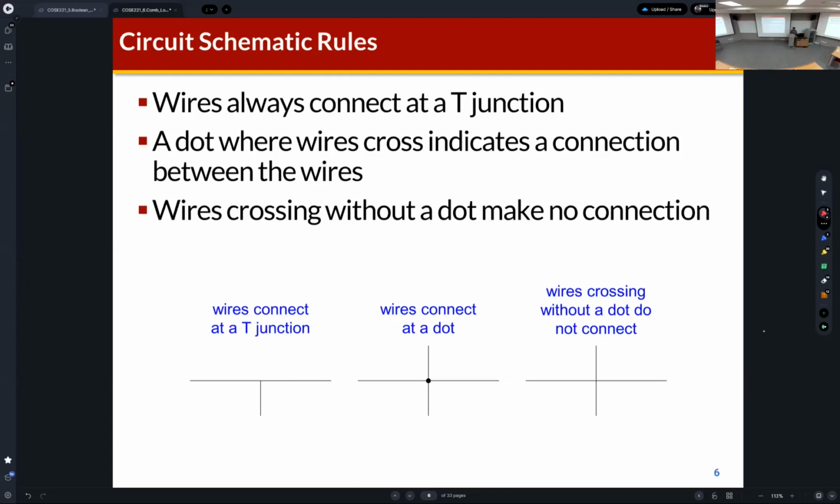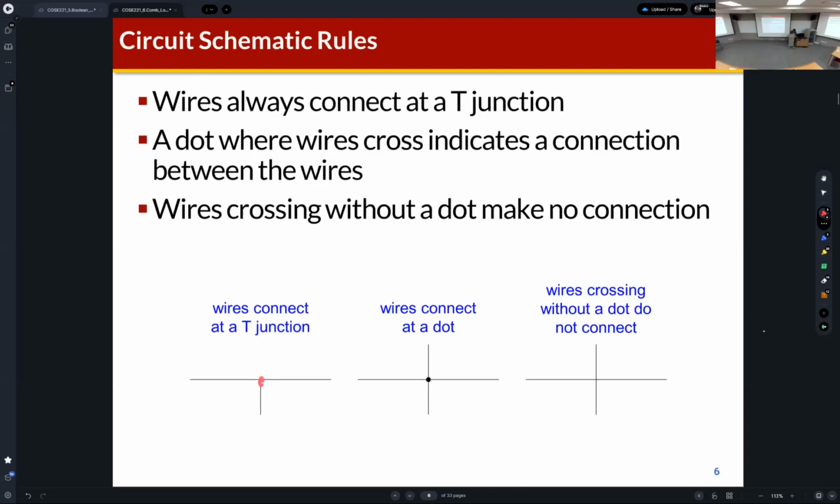If two wires connect like a T junction, like here, then these two wires are connected. So this is the T junction, right? This is a wire, this is another wire. These two wires meet at this point, and then it generates the T junction. So even though we do not use that here, you need to know that.